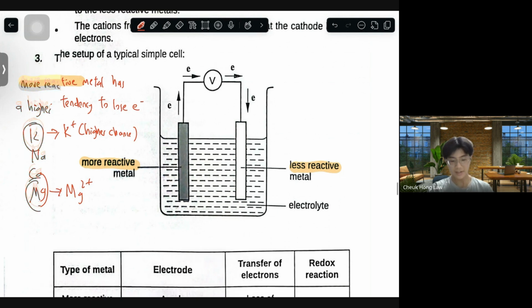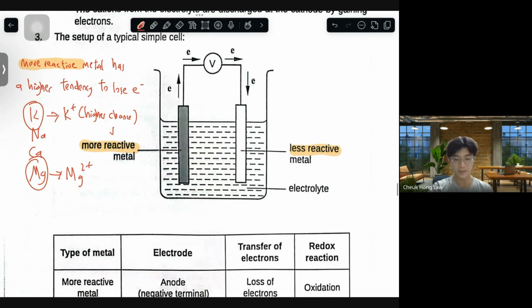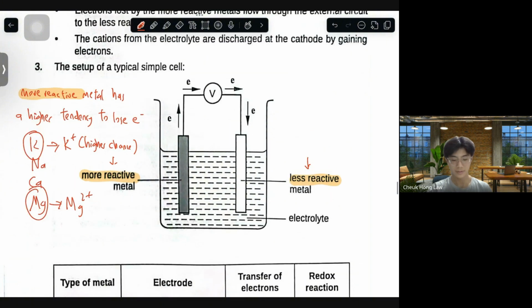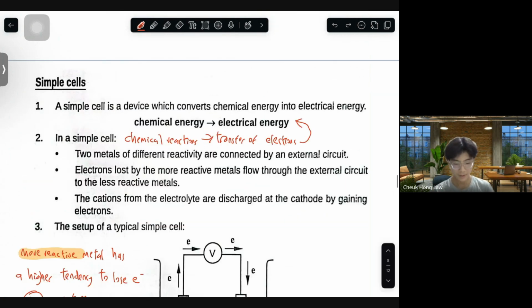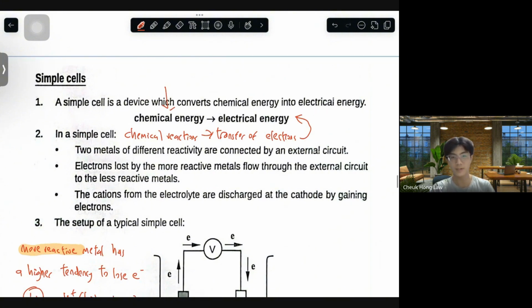So now that you understand that, if I have a more reactive metal and a less reactive metal, of course the more reactive metal will lose electrons. So that's why we have the transfer of electrons in this direction. Okay, the diagram already shows you the direction. Basically, electrons will transfer from your more reactive to the less reactive metal. And because this is a chemical reaction, you don't even need electrical energy.